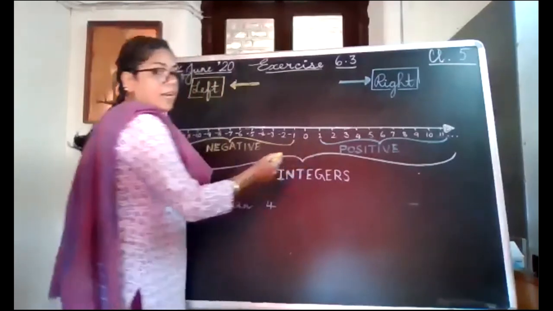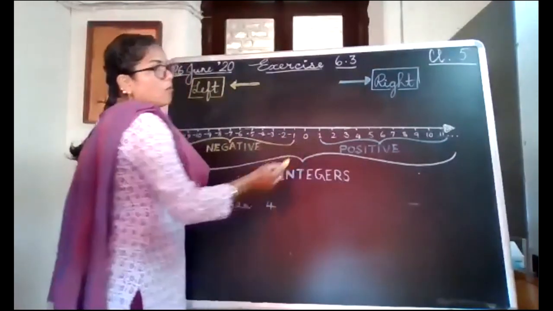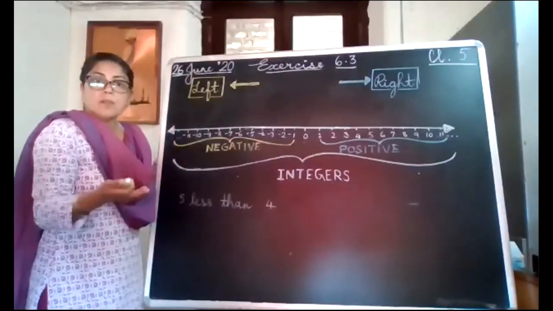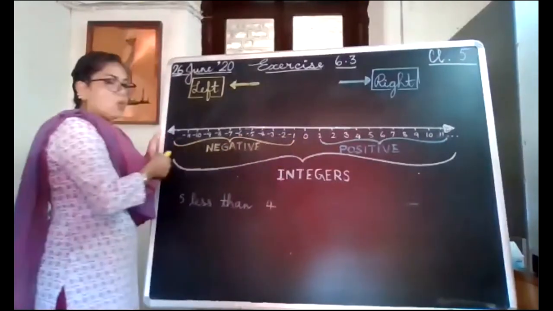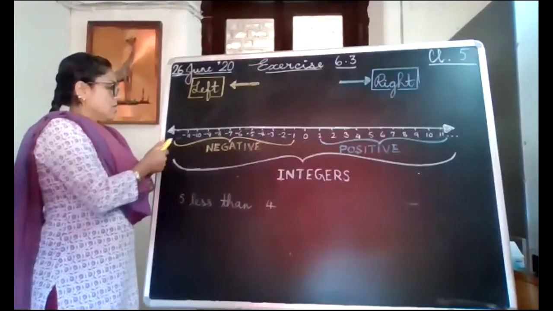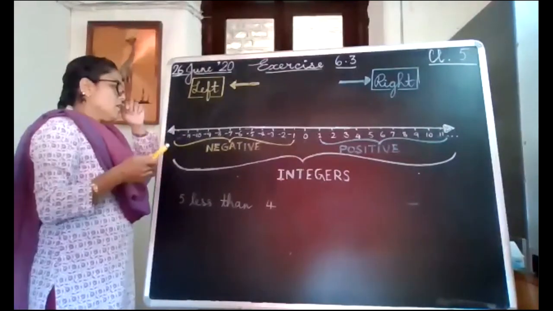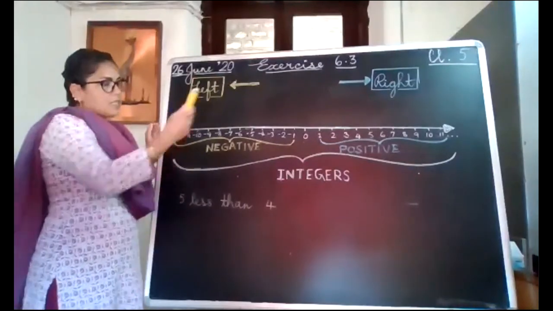So 0 is to the right means this is greater than this. So 0 we have learned has no value at all. Okay, so how can it be bigger than anything? But 0 is bigger than all the negative integers. This negative integer which is -11, it looks 11 to us. So we may think, oh my god, it is 11. It cannot be less than 0.